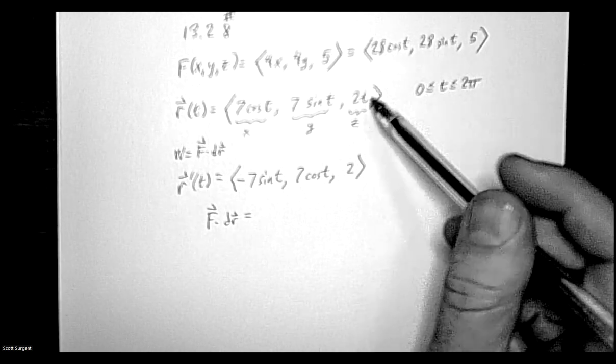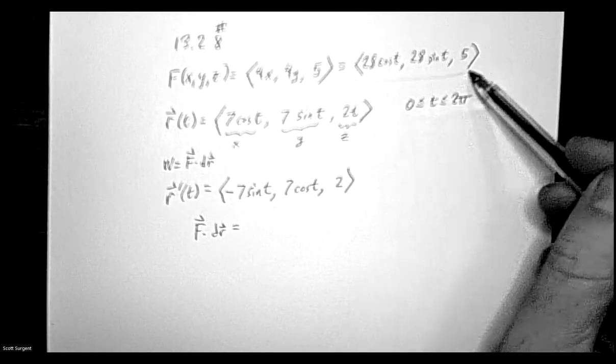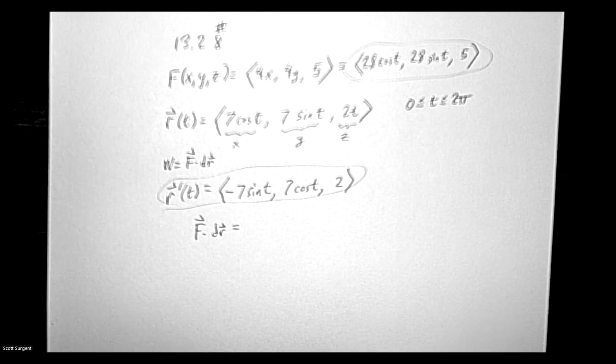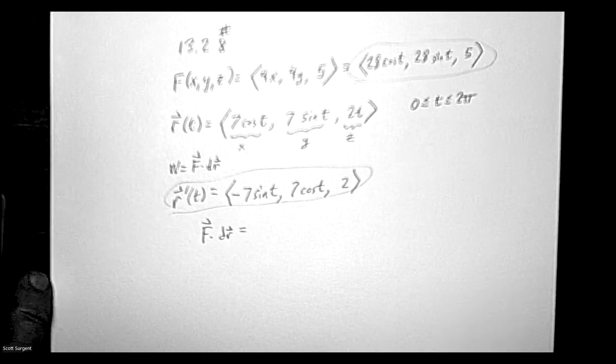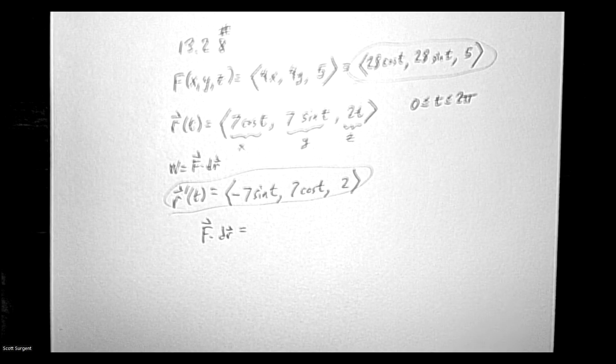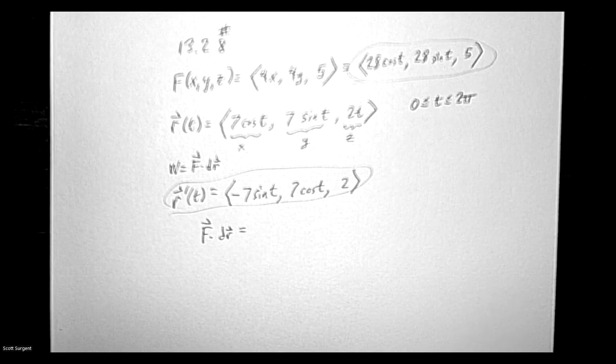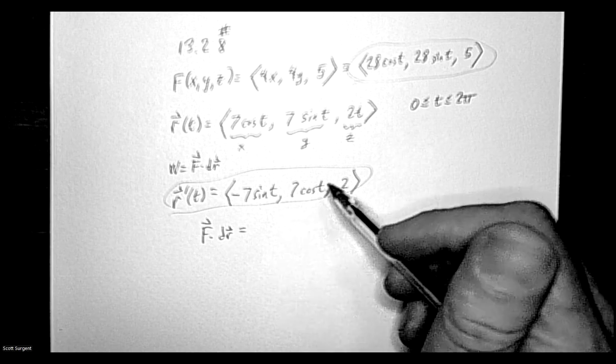Now I'm going to dot this with this, F dot dr. Let's see, 28 times 7. 196? Yeah, I think you're right. 196. I just want to make sure. Yeah, 196. So it's going to be negative 196.